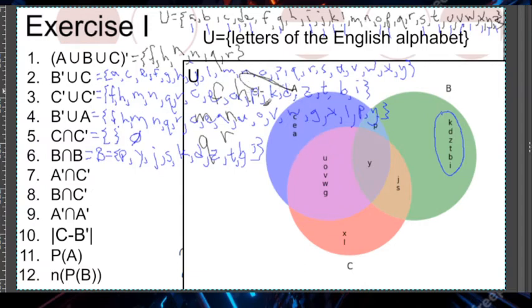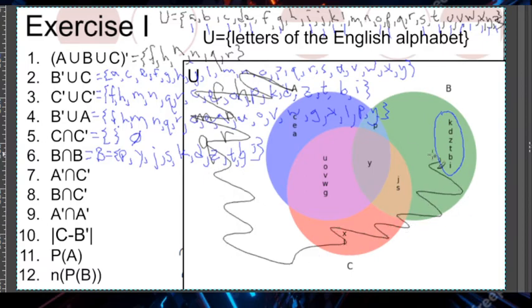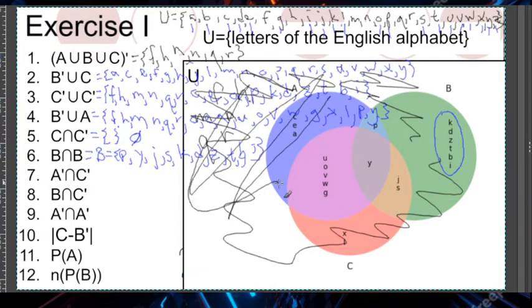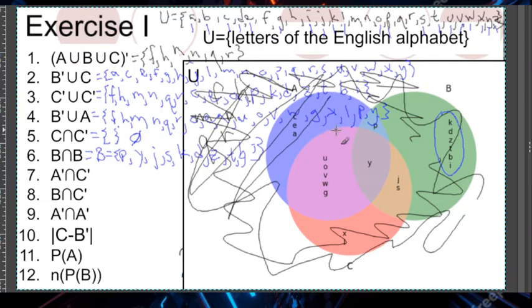A naught will be everything outside A intersects with everything outside C. So that is basically everything outside A and C. Okay. Everything that's not A intersecting with everything that's not C. So that's everything outside those two.